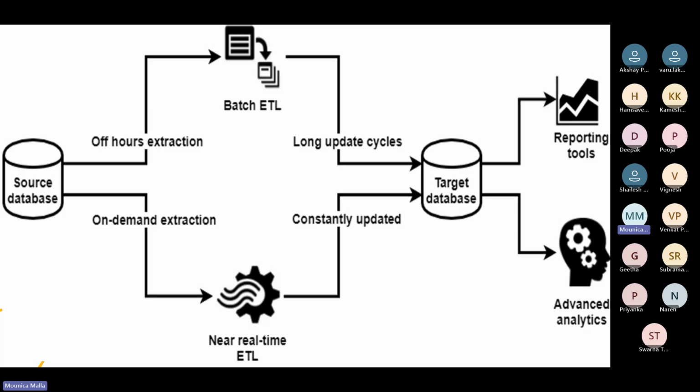I create 100 batches of 1 million records each, running them one by one based on some ID column reference, in a cycle until all 100 million records are loaded into the target. This cycle will keep running. That's called long update cycles. Off-hours extraction, batch ETL, these all come in one alignment.